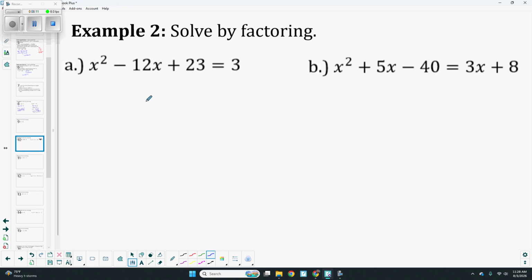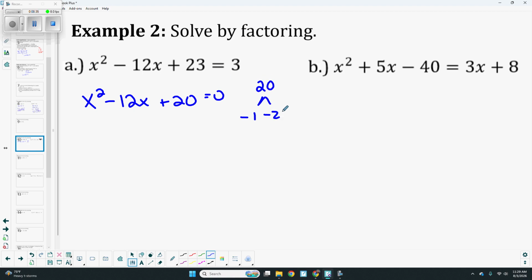So for example 2. We need it equal to 0. We're going to solve by factoring. So I'm going to minus 3. And because a is 1, I could just look at the two numbers that multiply to 20 and add to negative 12. So that's positive, meaning negative times negative to give me a negative.